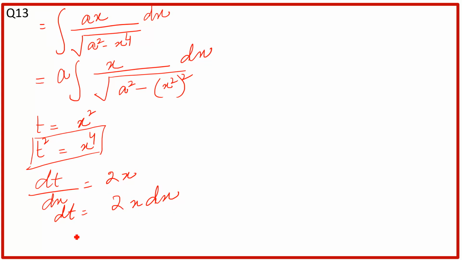So this 2 is extra. We can take this 2 to the other side of the equation, so divided by 2, it will be dt over 2 is equal to x dx. Now x dx is equal to 1 over 2 dt. So instead of x dx, we can write 1 over 2 dt.